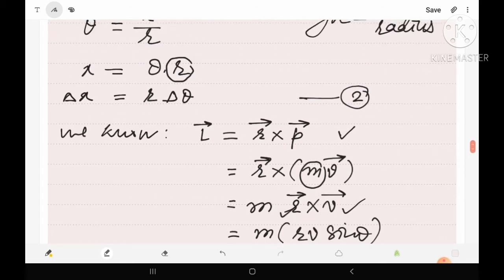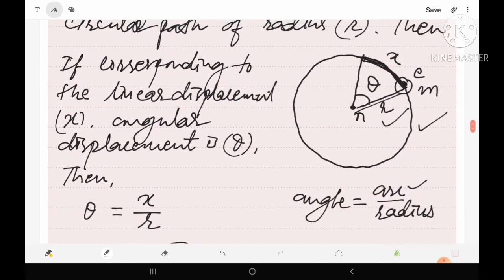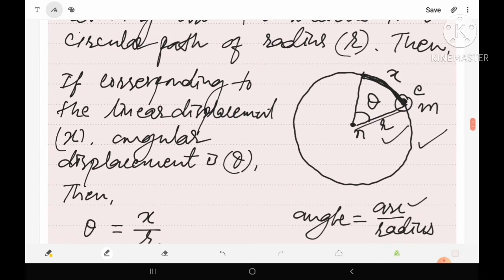Radius r is directed radially outward, and suppose the electron is moving anticlockwise, then at this point the direction of velocity will be tangential to the circumference of the circle.